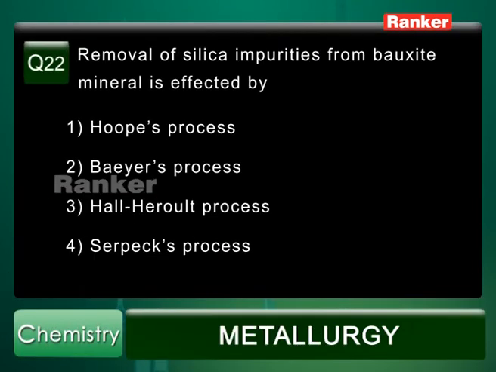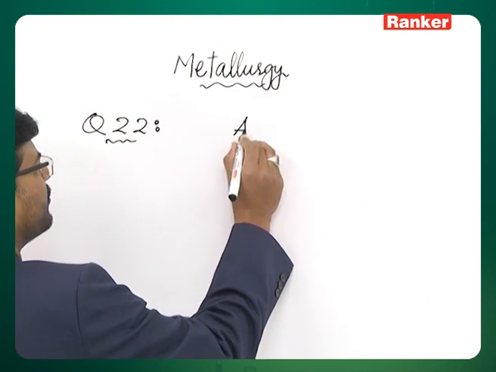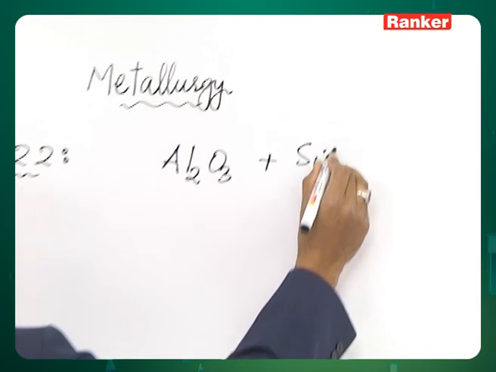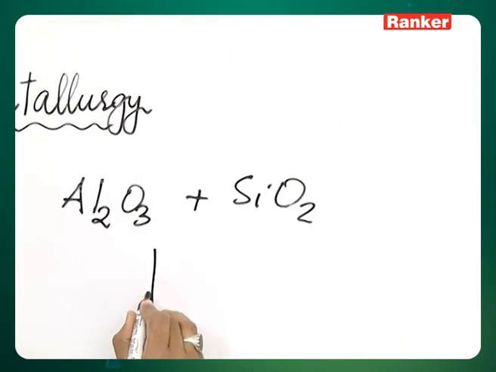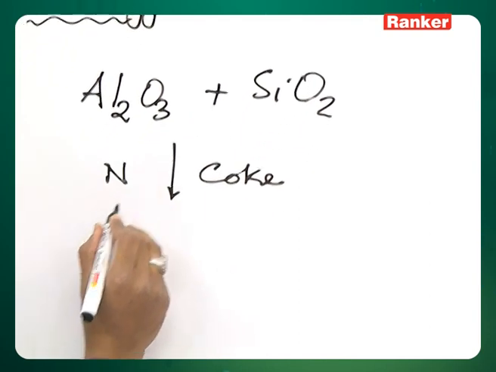Question number 22. Removal of silica impurities from bauxite mineral is effected by option 1 Hoope's process, option 2 Bayer's process, option 3 Hall-Héroult process, and option 4 Serpek's process. The correct answer is Serpek's process. White bauxite is a mixture of alumina and silica. This mixture is heated with coke in an atmosphere of nitrogen gas.